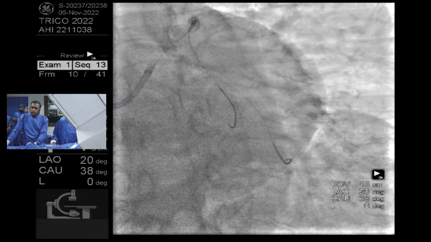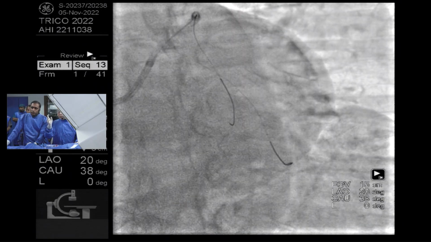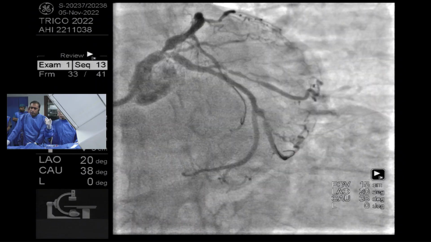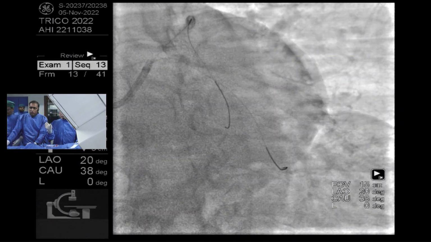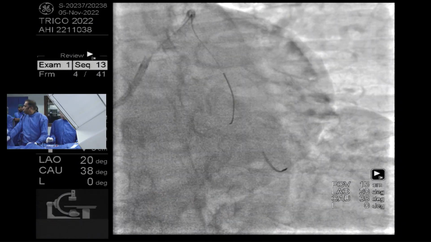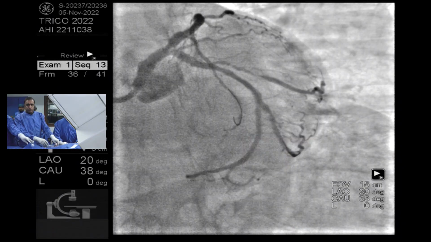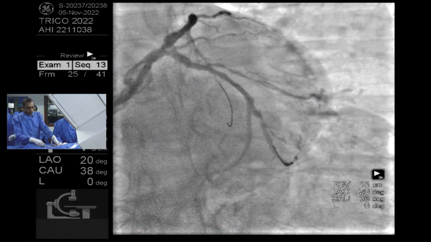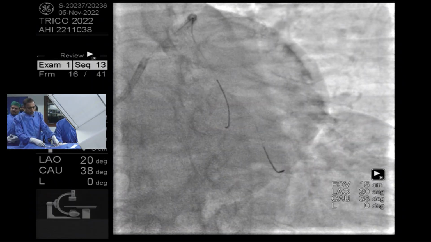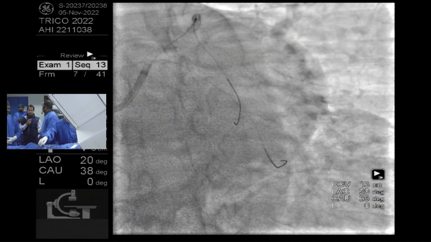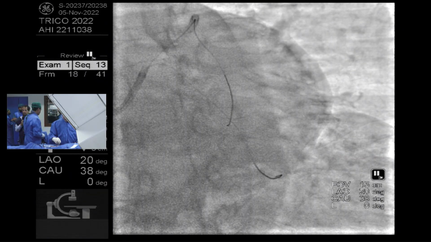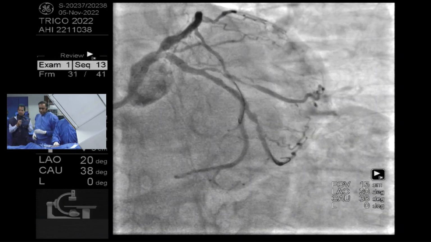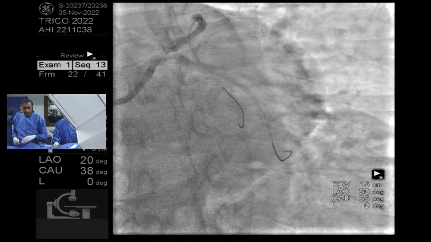Yes, of course. Or we can place the stent just for the most significant part. So 3.0 by 12. Yes. And so everyone knows, was that a 2.5 balloon for predilation? Yeah, 2.5 by 12. So the plan is just a short stent to cover the very tight lesion there.